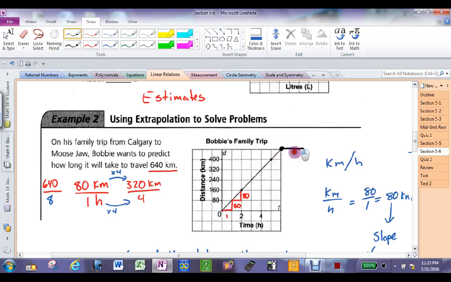Maybe. Is time going to carry on? Will my distance carry on? No. So once I get to the end of this, I don't actually know anymore, do I? So extrapolation becomes a real guess. Now we can predict with some reasonable assumption that we are going to continue at the same speed, aren't we? But there's going to be a pause for gas or food or pee.